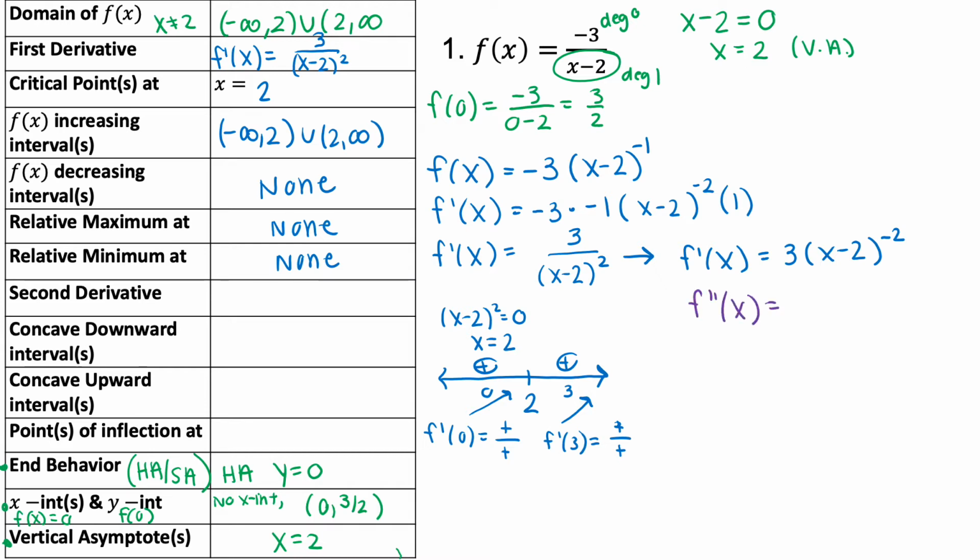Taking that second derivative, leaving my 3 in front, bringing my negative 2 down, leaving the inside the same, taking my power to the 1 less, negative 2 minus 1 is negative 3, and then chain rule multiplying by the derivative of the inside, which would just be 1. I can write my second derivative, f double prime of x, as 3 times negative 2 is negative 6 over the quantity x minus 2 cubed. Going to go ahead and fill that into my table.